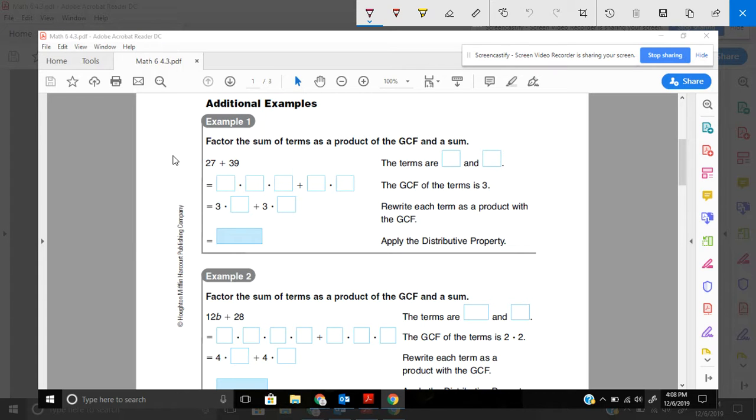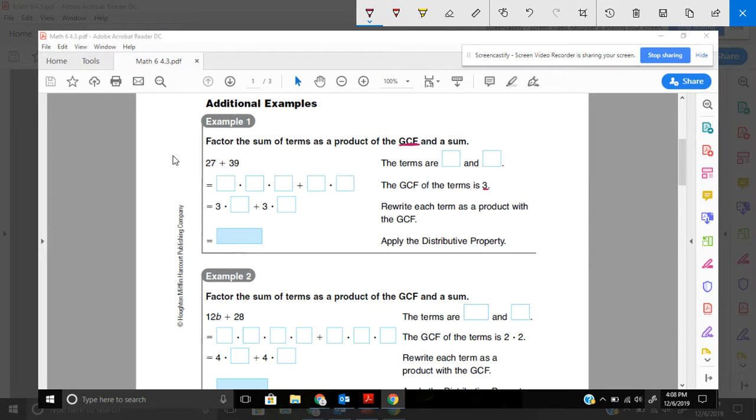If you remember from when we did the distributive property, this is kind of like doing the opposite of the distributive property. So first it wants us to find the GCF, from last section. The greatest common factor of 27 and 39, well, they tell us it's 3.